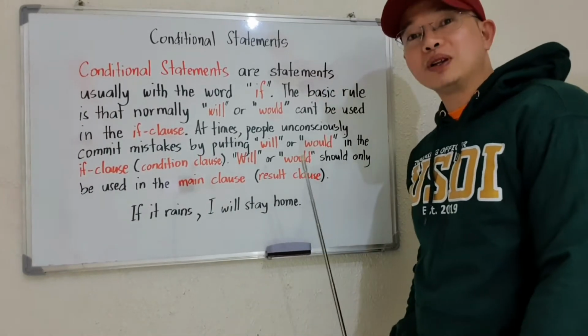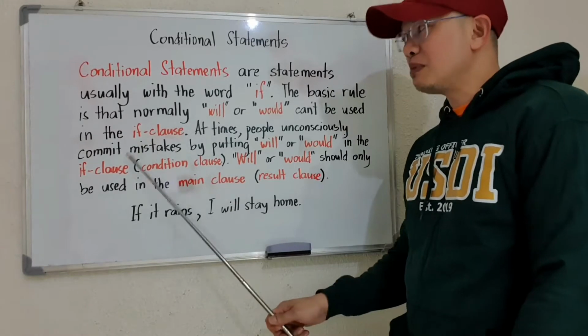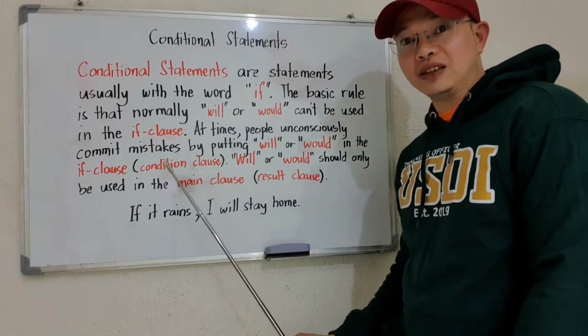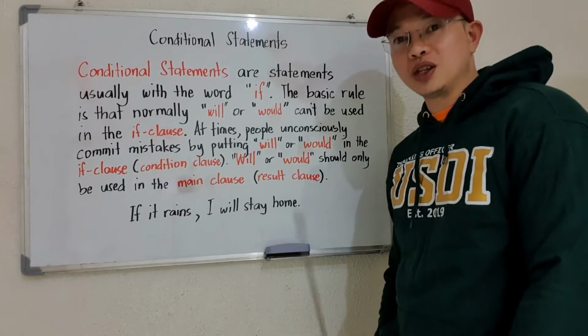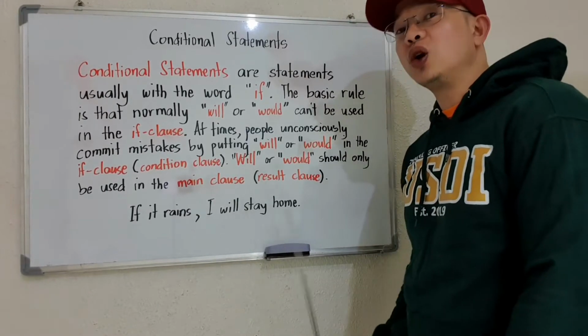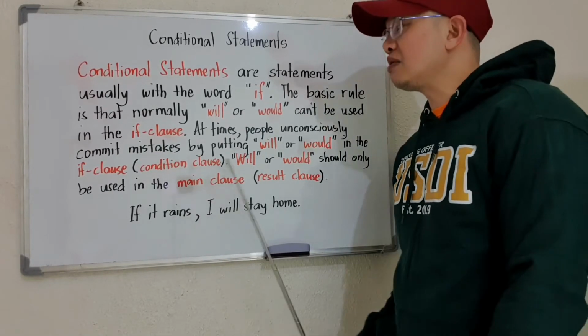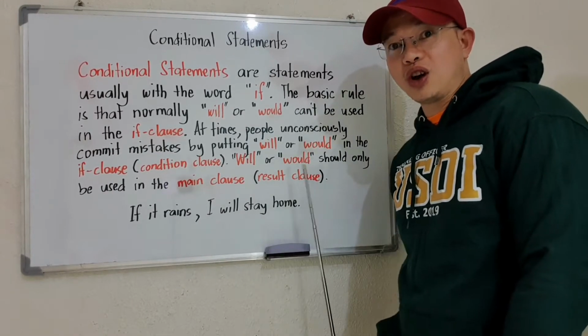At times, people unconsciously commit mistakes by putting will or would in the if clause, or what we call the condition clause. Will or would should only be used in the main clause or result clause.